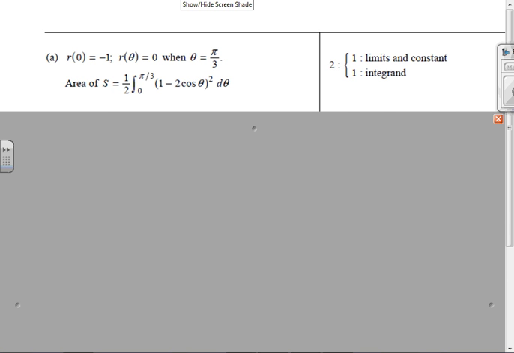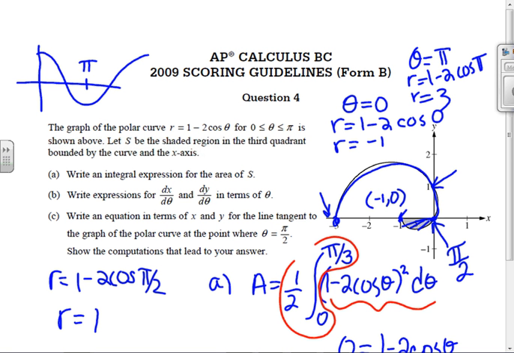Did you see how I figured it out? I could have figured it out also on this one, finding that was 0. I could have said 0 equals 1 minus 2 cosine of theta. So 2 cosine theta is equal to 1. Cosine of theta is 1/2. No, that doesn't work. Oh, it's not 0. It's -1, sorry.